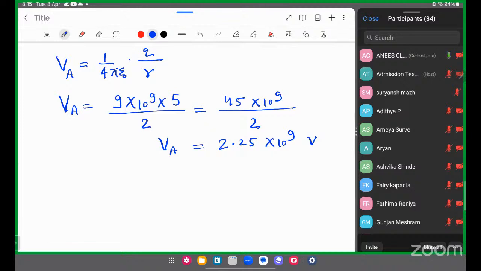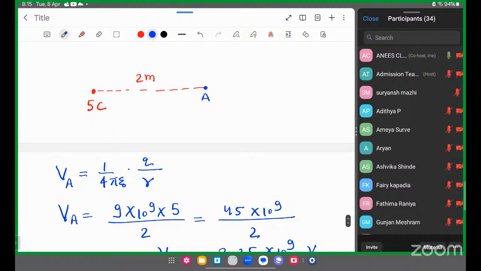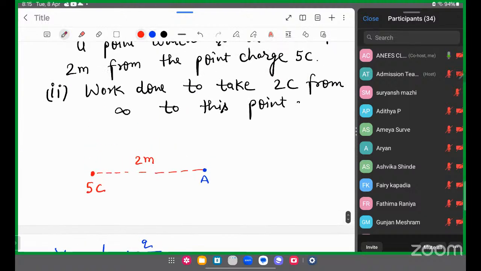This is the first part. Now we have to solve the second part, which states that there is another point charge 2 coulomb at infinity, and you have to take this point charge 2 coulomb from infinity to point A. So to do so, how much work has to be done? We have to find the work done.